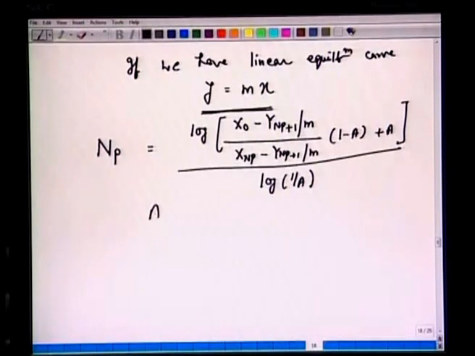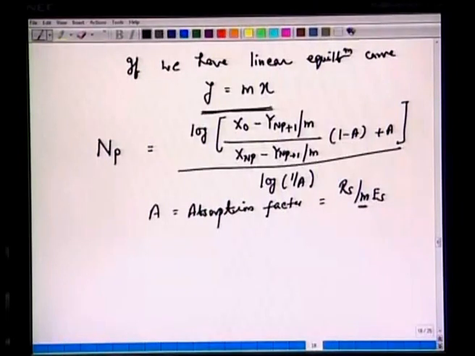This a is called the absorption factor, and it is given as Rs over m Es. Here m is the slope of the curve. We are assuming it is linear, a constant over the range we are considering. When we write down this expression, we make a note that A does not equal 1.